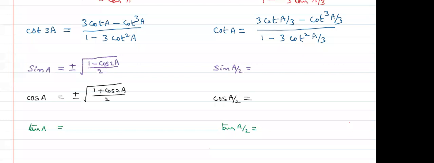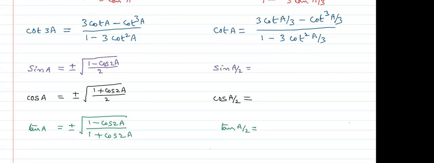Then tell me how to write the tan a formula. Tan a, you know very well, is sin by cos. Observe here, we get 1 minus cos 2a divided by 1 plus cos 2a. This is the tan a formula.